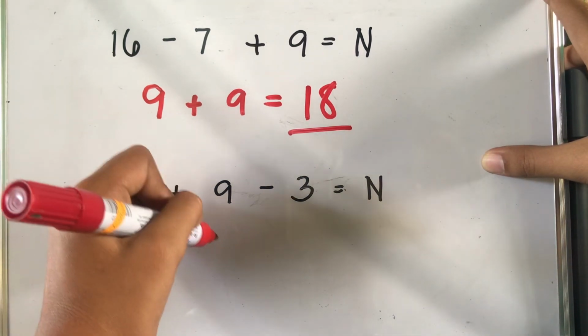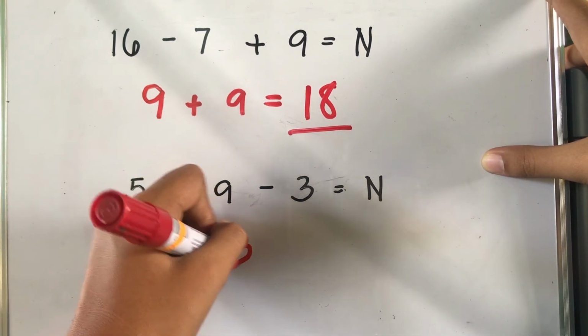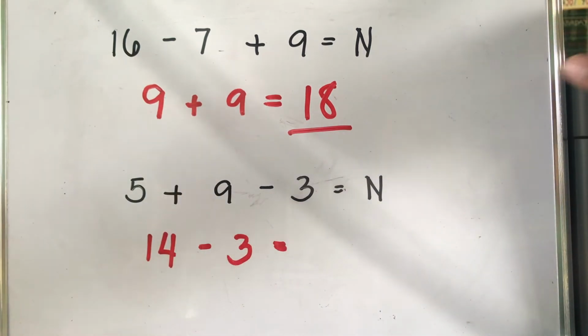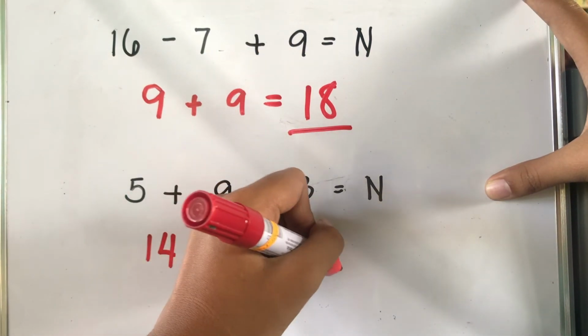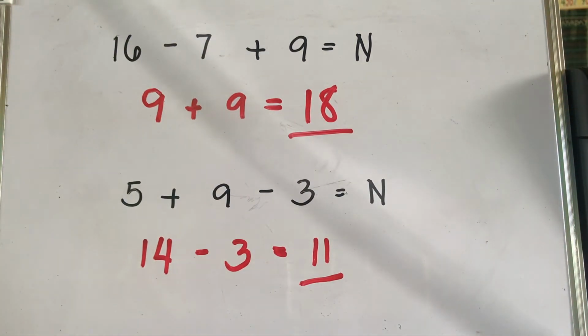And then copy minus 3. So 14 minus 3 equals 11. Therefore, 5 plus 9 minus 3 equals 11.